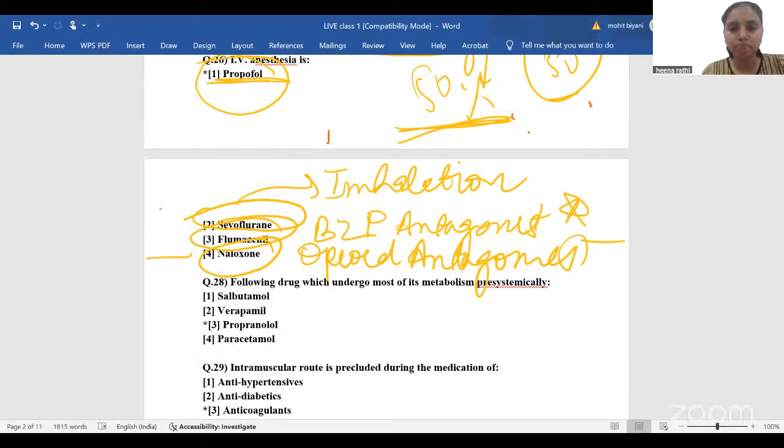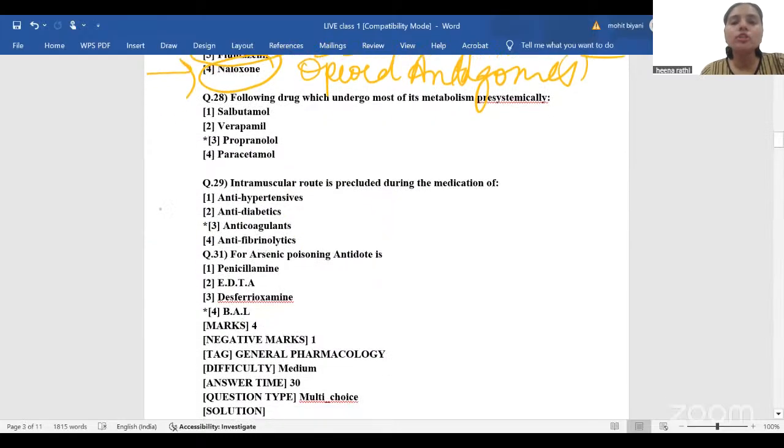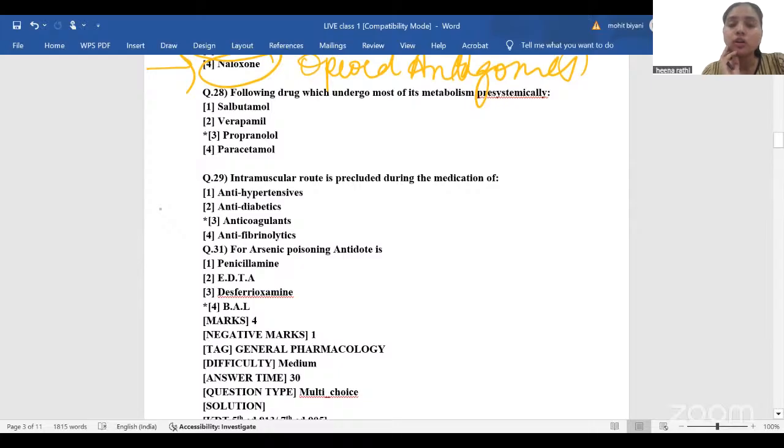opioids. Next question: which of the following drugs undergoes most of its metabolism pre-systemically? The same question which we have seen earlier: pre-systemic metabolism means the drug has a high first pass metabolism.